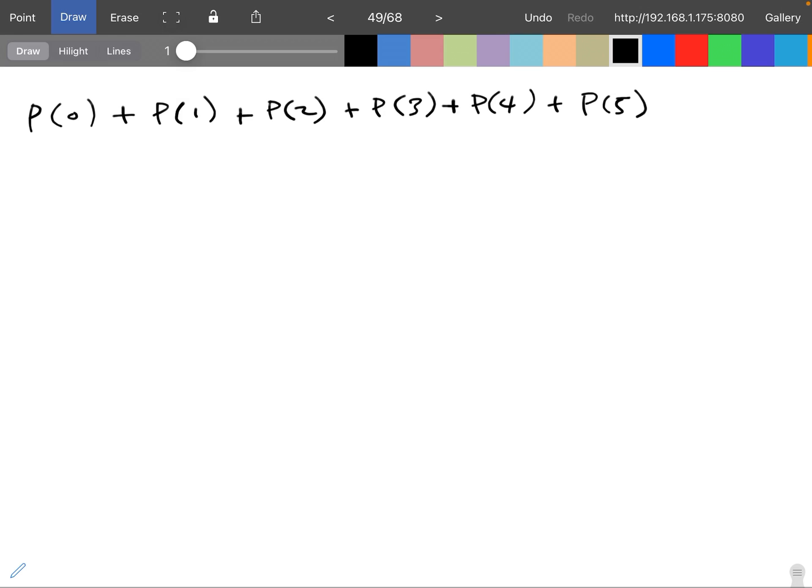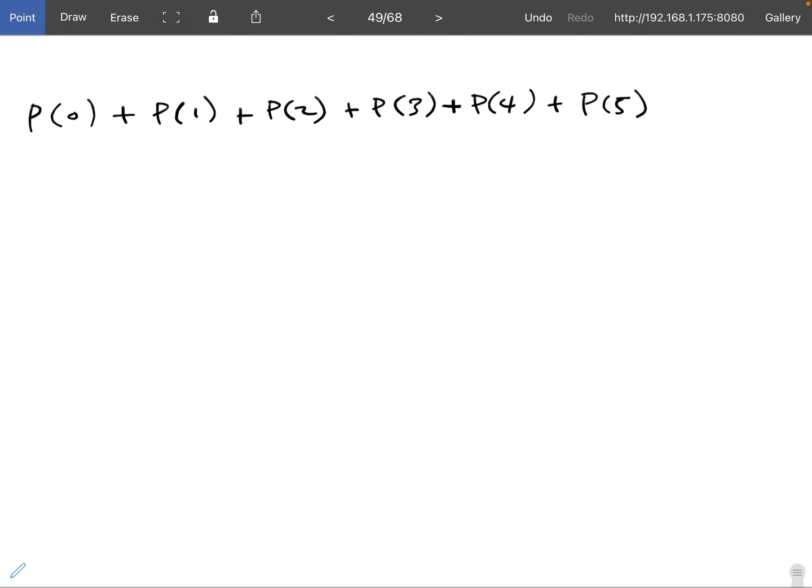Well, one of those 6 things has to occur, right? If one of you guys tried it, I gave you the 5-question quiz with the answer choices A, B, C, D. One of those 6 things right here has to come true, right? You're either going to get 0 correct, or 1 correct, or 2 correct, or 3 correct, or 4 correct, or you're going to get all 5 correct.